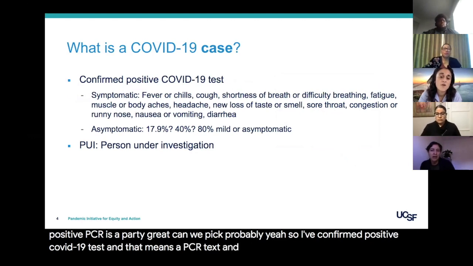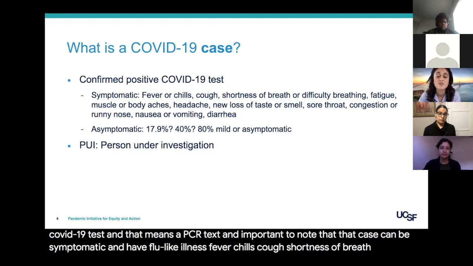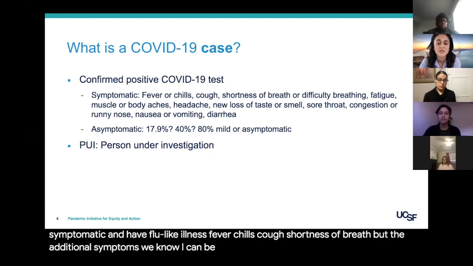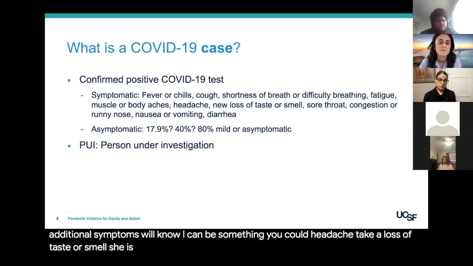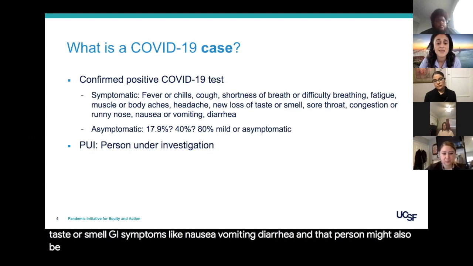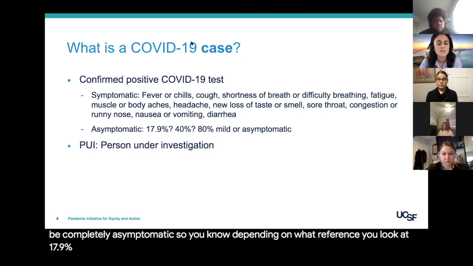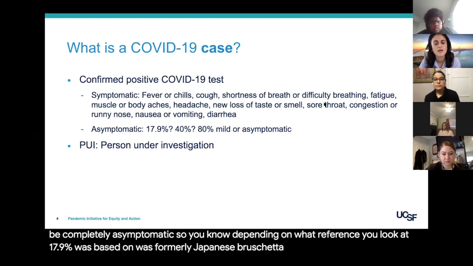And it's important to note that that case can be symptomatic and have a flu-like illness, fever, chills, cough, shortness of breath. Then the additional symptoms we know that can be associated with COVID: headache, new loss of taste or smell, GI symptoms like nausea, vomiting, diarrhea. But that person might also be completely asymptomatic. So, depending on what reference you look at, 17.9% was based on this early Japanese cruise ship data.